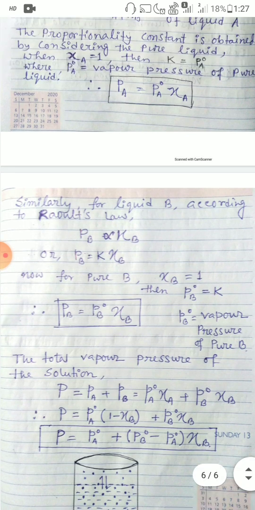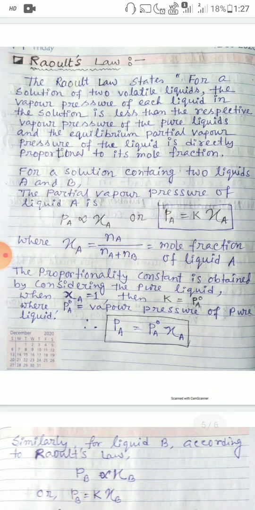So now, what is Raoult's law? Raoult's law states that for a solution of two volatile liquids, the vapor pressure of each liquid in the solution is less than the respective vapor pressure of pure liquids, and the equilibrium partial vapor pressure of the liquid is directly proportional to its mole fraction.